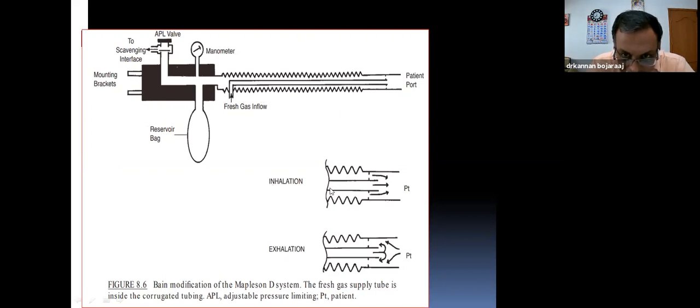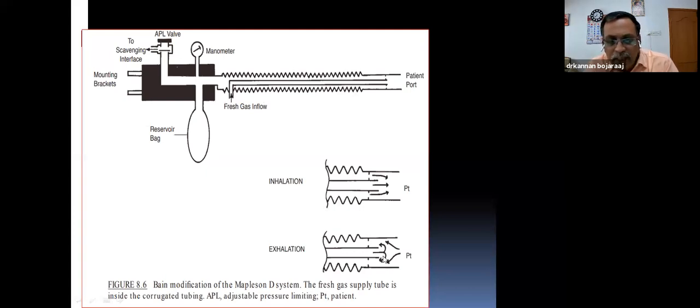And during inhalation, the gases from this expiratory limb and the inhalation tube, that is the inner tube, both are coming to the patient, that we have to note down. And during exhalation, the arrangement in this Bain circuit is here. During exhalation, the expired dead space and mixed alveolar gases from the patient mix along with this fresh gas flow.